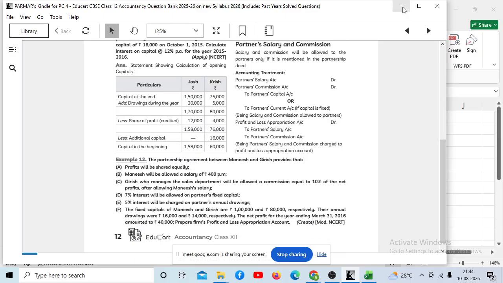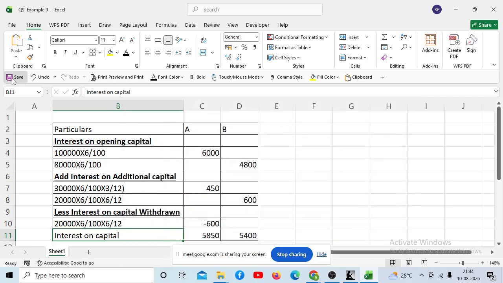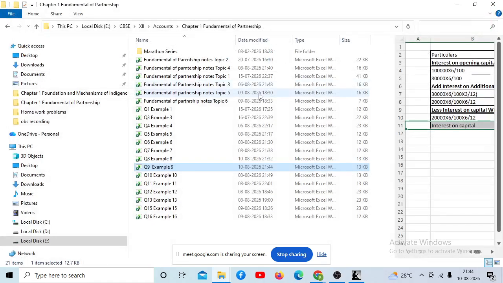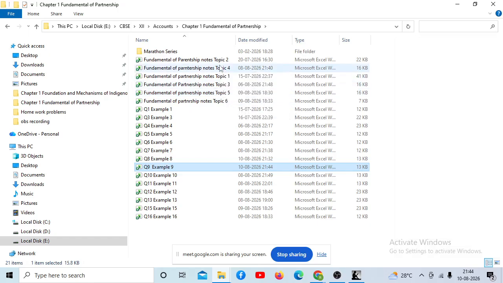Fine. So now let us do a little bit of the conceptual part, and then we will come to the questions. We are dealing with topic 4 only.